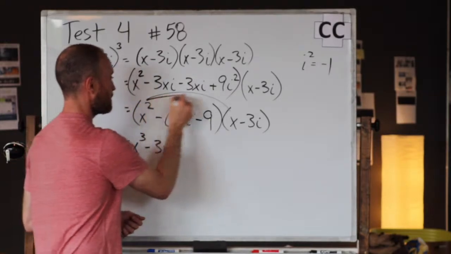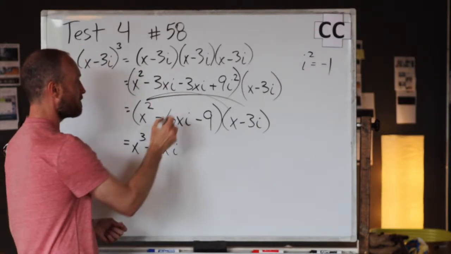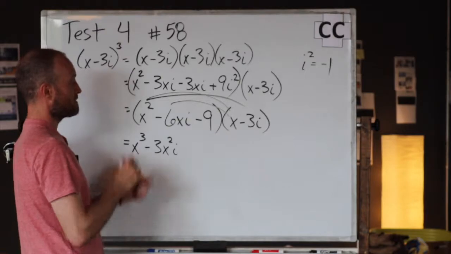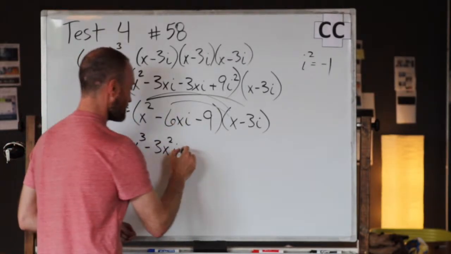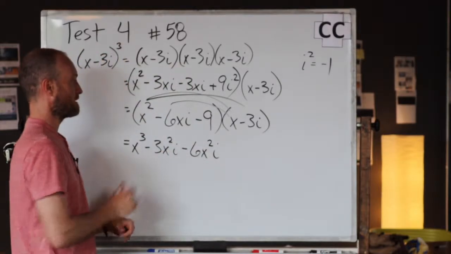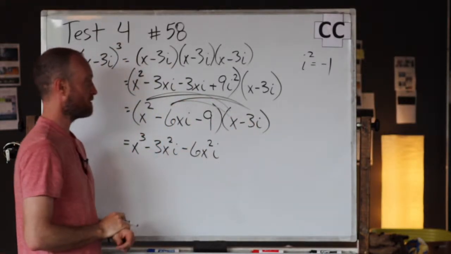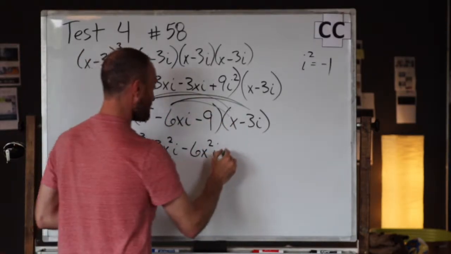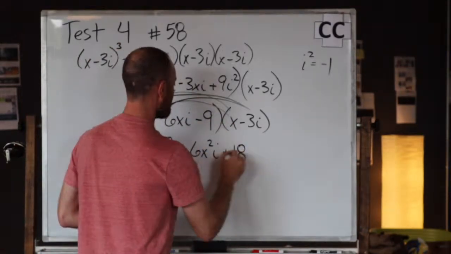So that's those two terms multiplied together. Now we have negative 6xi times x, which is negative 6x squared i. Negative 6xi times negative 3i is positive 18x i squared.